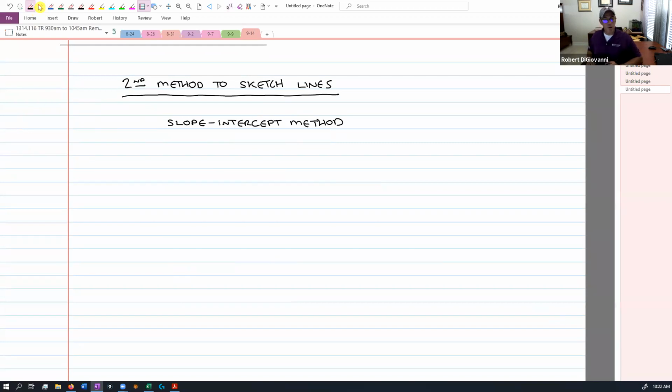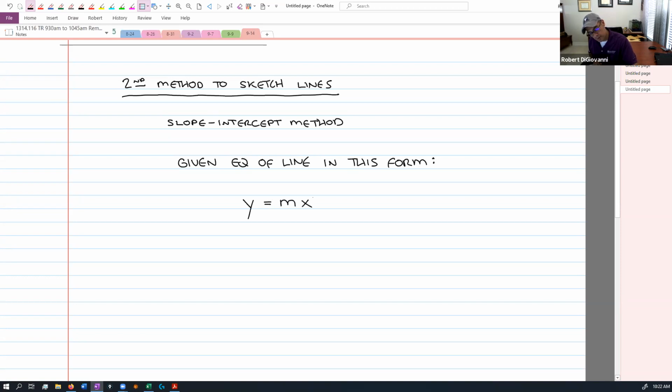So the slope-intercept method. If you're given the equation of the line in this form, y equals some number m x plus b.